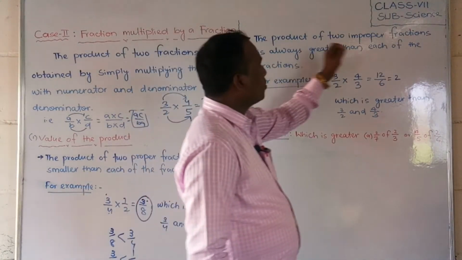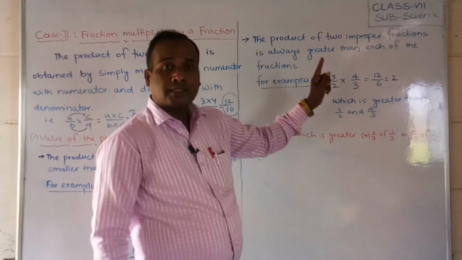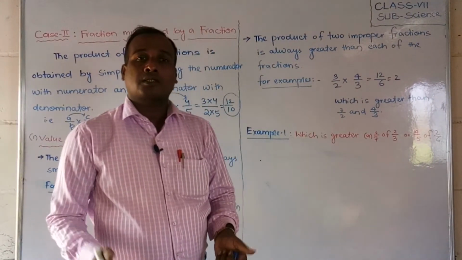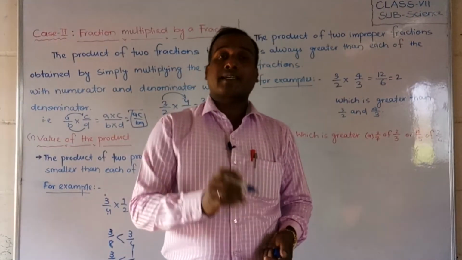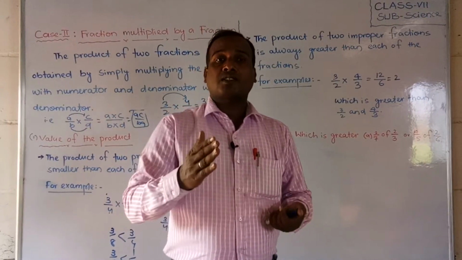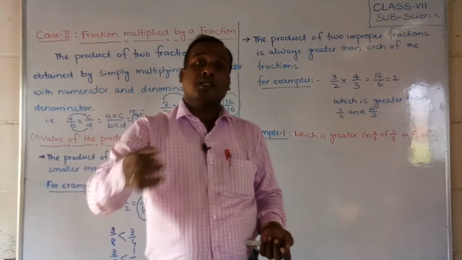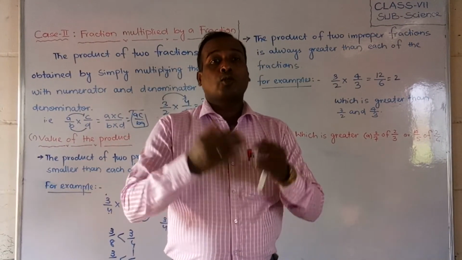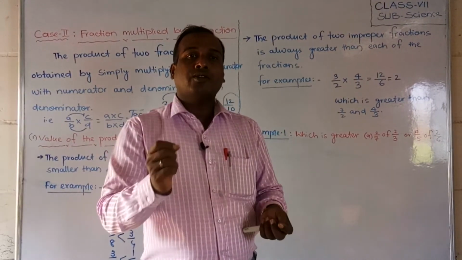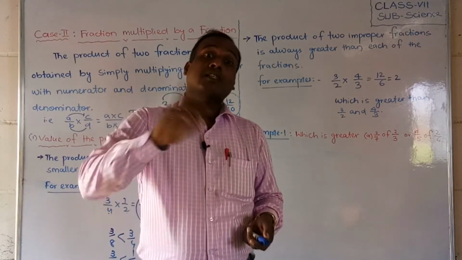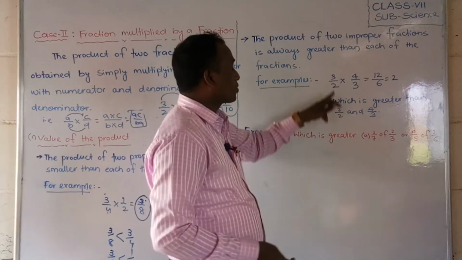The product of two improper fractions is always greater than each of the fractions. Whenever we are taking two proper fractions, the value is always smaller than each of the fractions. But whenever we are taking two improper fractions, the value is always greater than each of the fractions. Suppose we take 3 by 2.